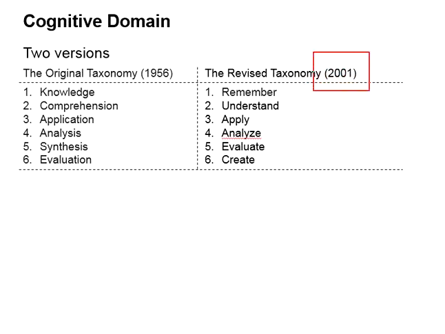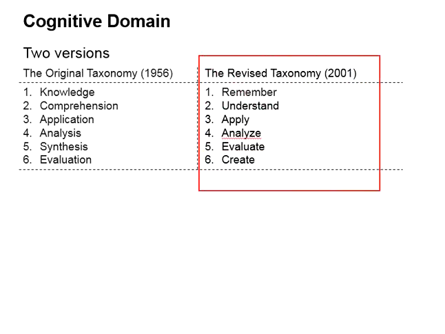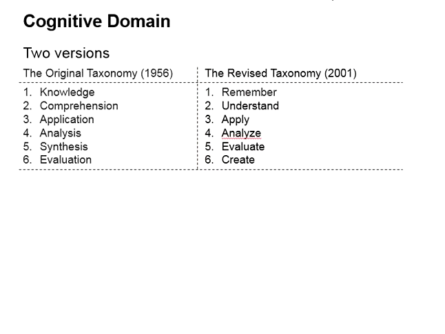As for the revised version, level 1 is remember. Level 2, understand. Level 3, apply. Level 4, analyze. Level 5, evaluate. And level 6, create. Now for the following discussions, we will focus on the revised version of the taxonomy.